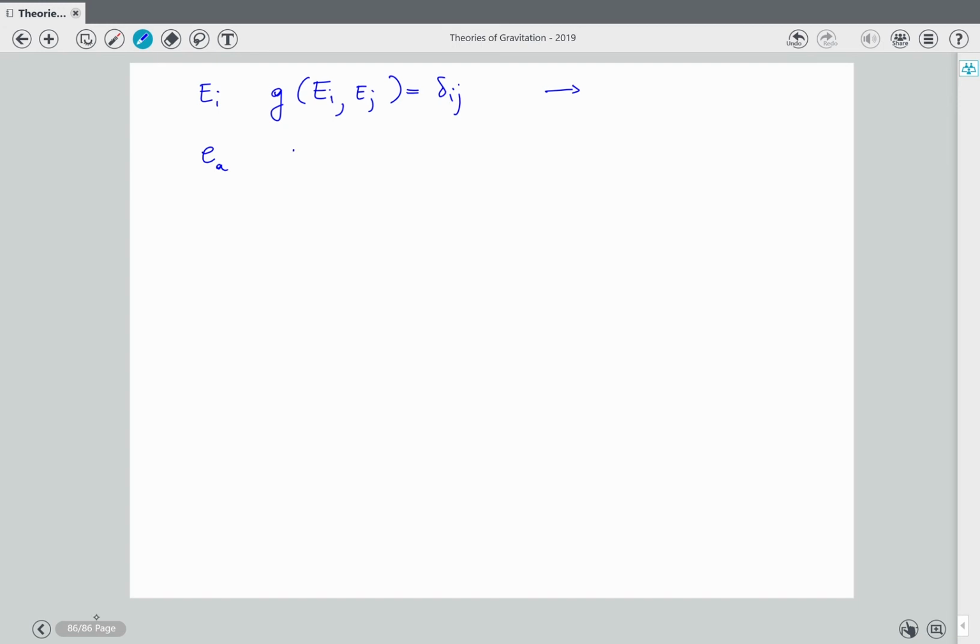Since there is a signature, we cannot diagonalize, orthonormalize the metric, but we can define the basis e_i so that this holds. So e_i are vector fields. It's a basis of vector fields.